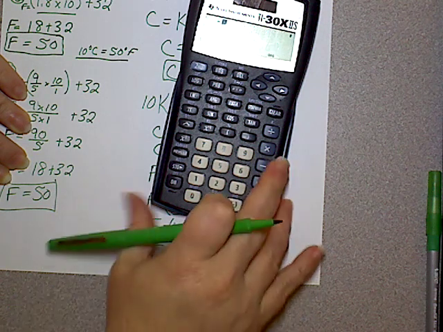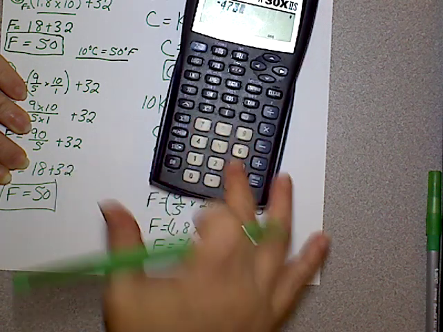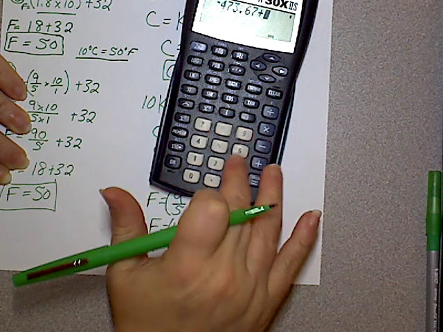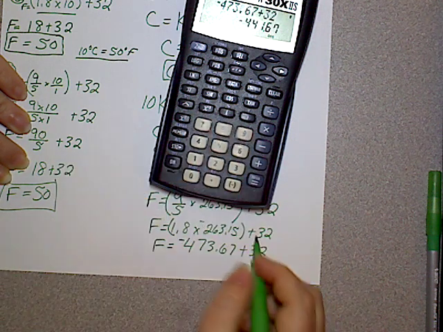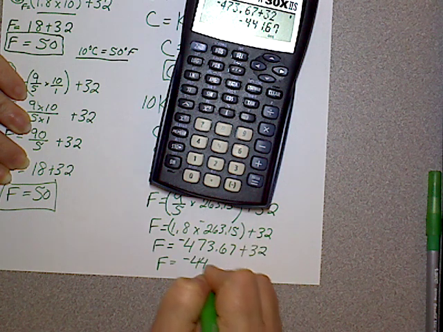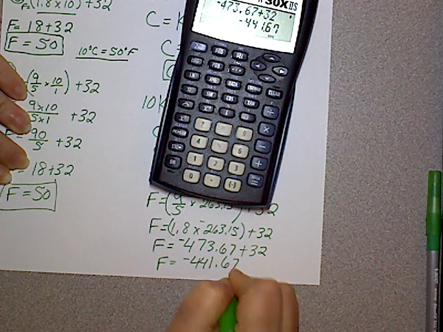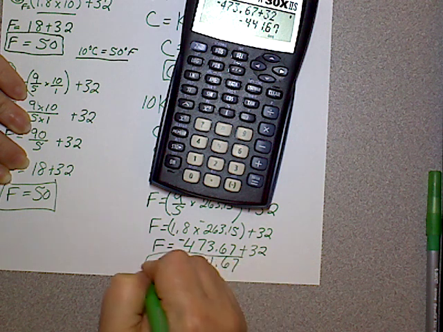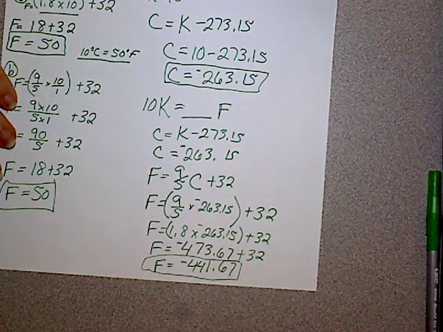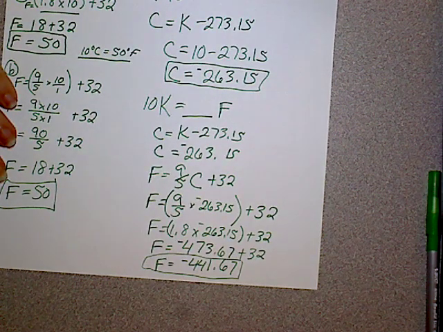So we're going to do negative 473.67 plus 32. So F equals negative 441.67. So 441.67 degrees negative. That is extremely cold.